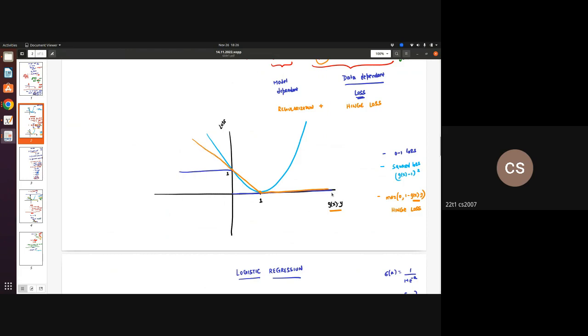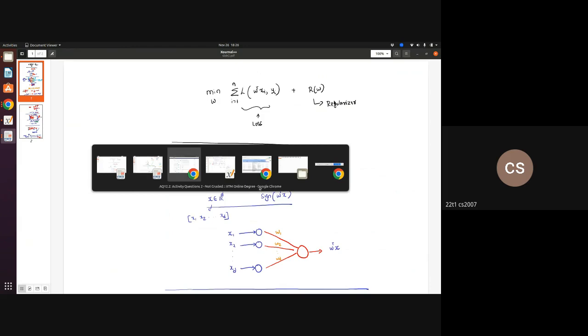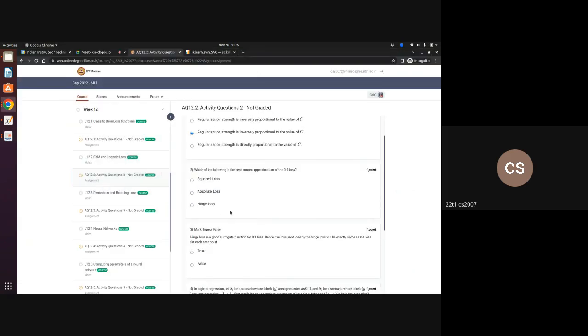The only problem is in this particular area, so that's why we say it's an approximation. It cannot exactly represent the 0-1 loss. Only in this area there is some mismatch, but it's a decent approximation. That's why we use it, because it is continuous. So hinge loss will be the correct option.